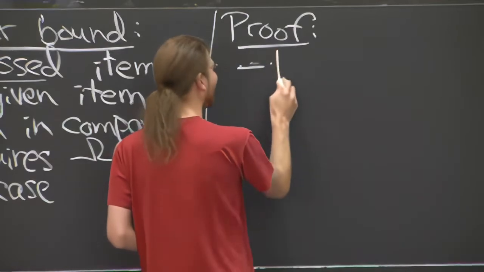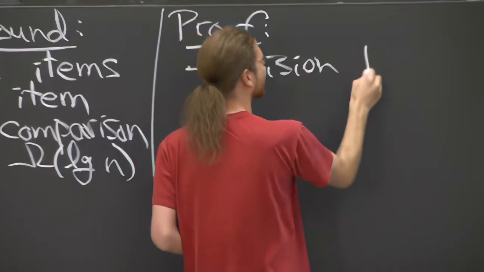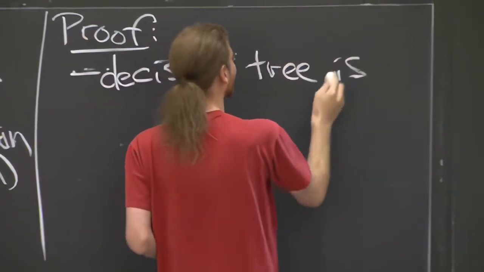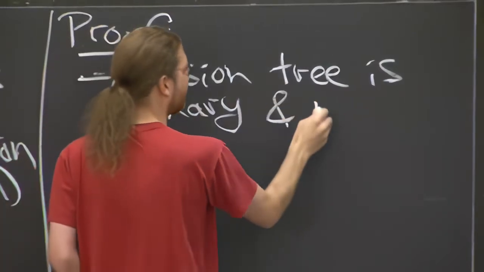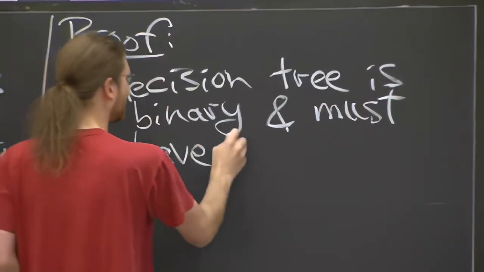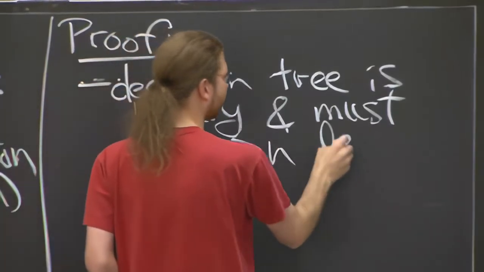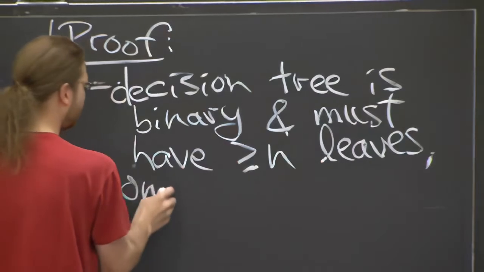All right. So the decision tree is binary. That was the first thing. And it must have at least n leaves, one for each answer.